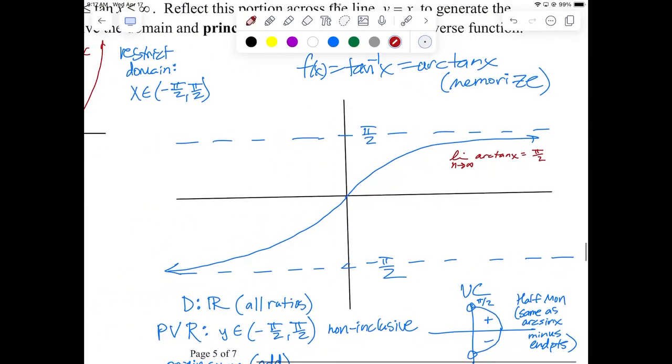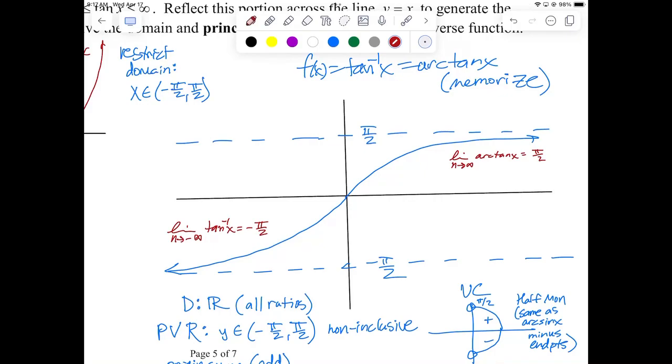All right, and over here, what would be the limit as x goes to negative infinity of inverse tangent of x? Negative pi halves. Those are the two important results of arctangent when we're applying it to higher order math in calculus.